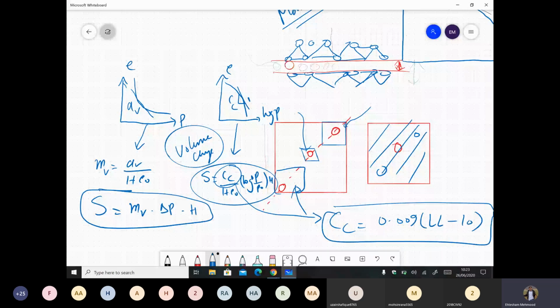Sometimes Cc is very easily found by just finding out the liquid limit. So that's why some people prefer the Cc method. But they are the same thing, only two different representations.